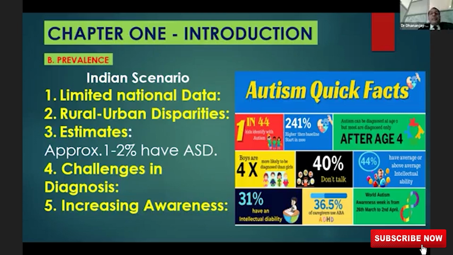Then, what is the problem in the Indian scenario? Limited national data, and rural-urban disparity, because doctors and therapy centers are available in urban areas, and no doctor or therapy center is available, especially in rural and remote areas, for autism. The estimate is that 1 to 2% of the population has ASD, Autism Spectrum Disorder.